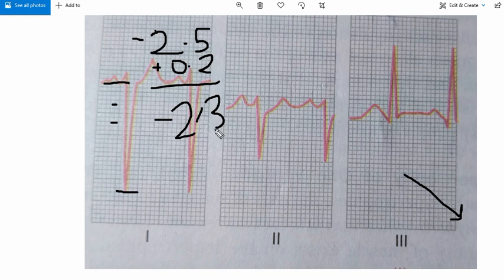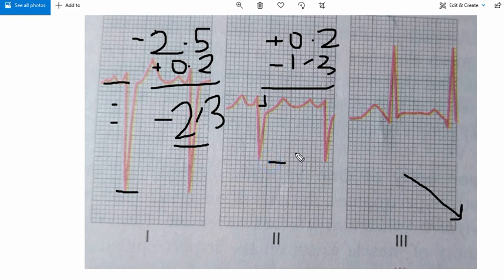So this is the result of lead 1, minus 2.3 millivolt, whereas lead 2 gives us only 2 small boxes in the positive direction. It means positive 0.2 millivolt, whereas in the negative direction 3 small boxes and 2 large boxes. In negative it gives us approximately 1.3 millivolt. And what is the resultant of lead 2?